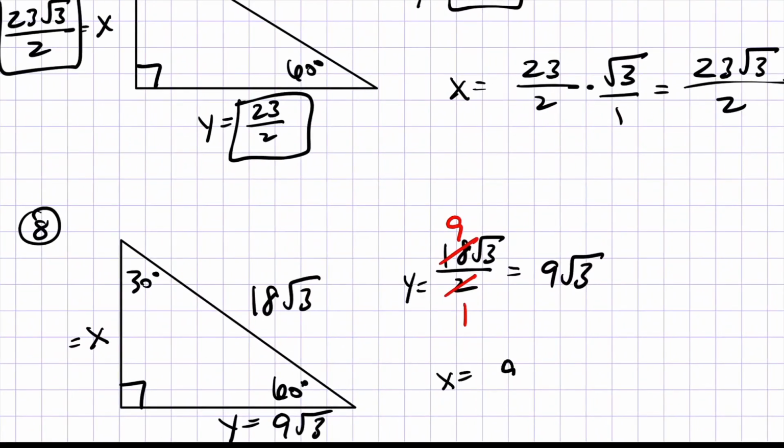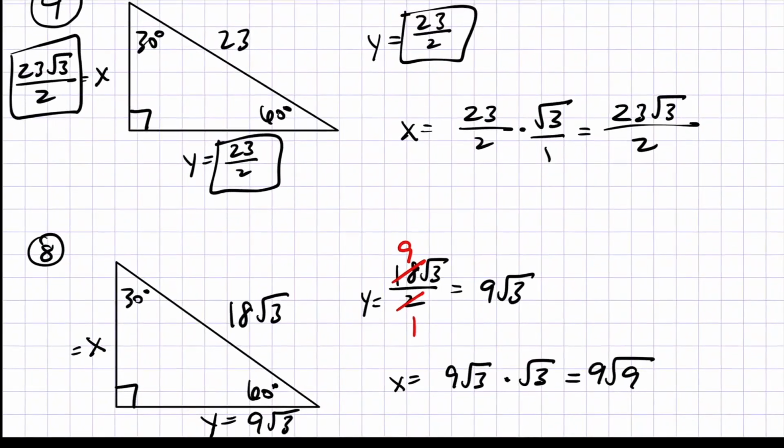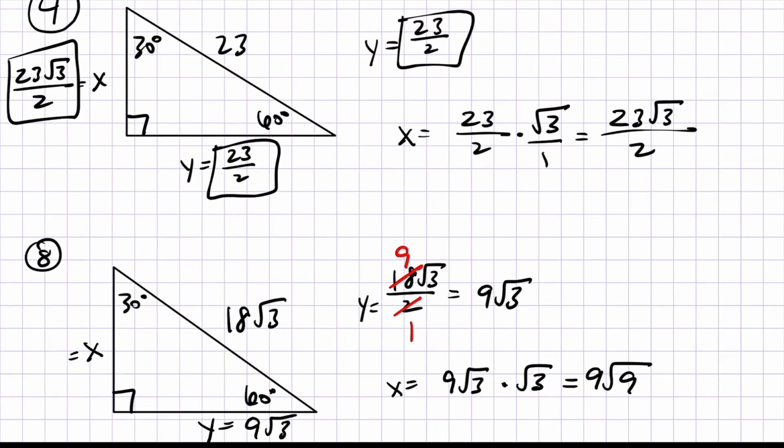The short leg was 9 root 3, and I got to multiply that by the square root of 3. The only thing I can multiply is the 3's. So I get 9 times the square root of 9. What is the square root of 9? 3. So 9 times 3 is 27.